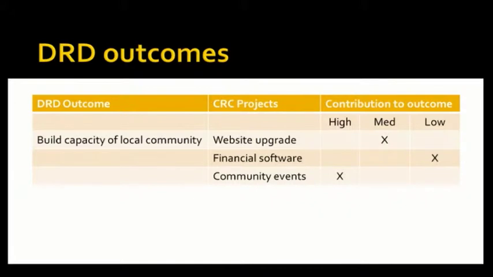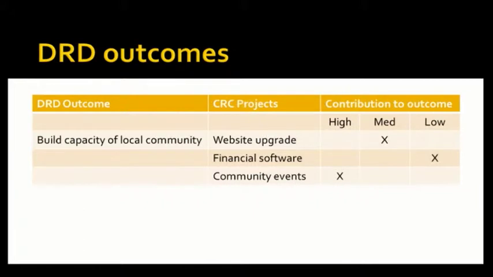So if you turn to pages 15 and 16 of your workbook, you will see this grid there where you can write in the projects next to the DRD outcomes. So in this example we've got here, we're looking at the required outcome of build the capacity of the local community, and the 3 key projects that we identified: website upgrade.